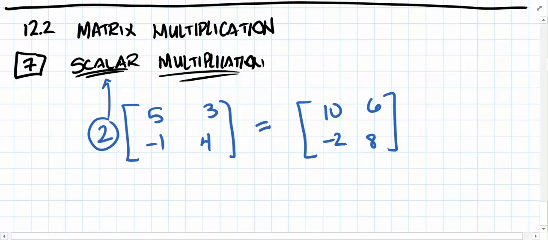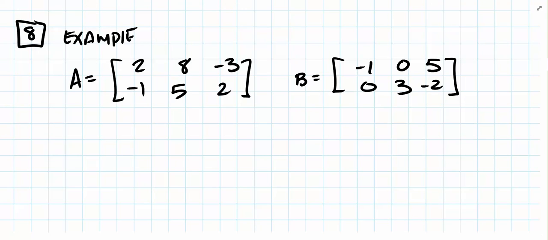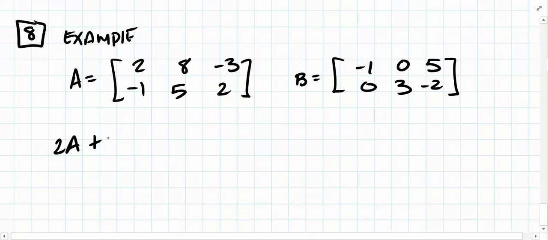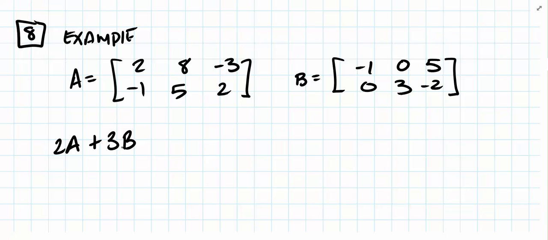Okay, so I've got two matrices defined for you. And I am interested in the result from 2A plus 3B. Well, it's exactly like you think it would be. It'll act exactly as you would expect it to act. So far, everything is pretty harmonious with the real number system.